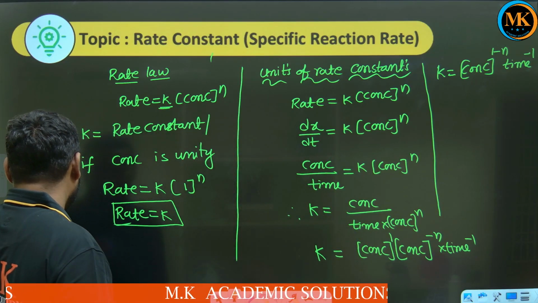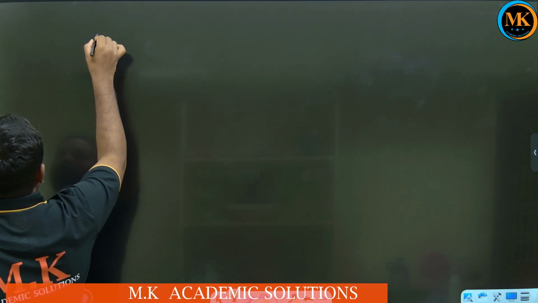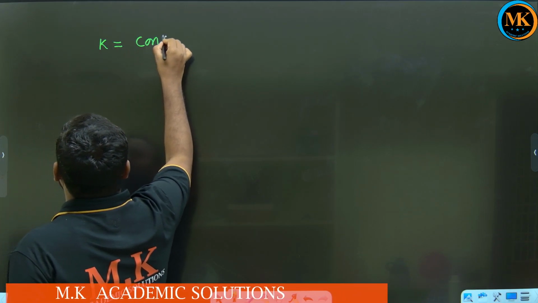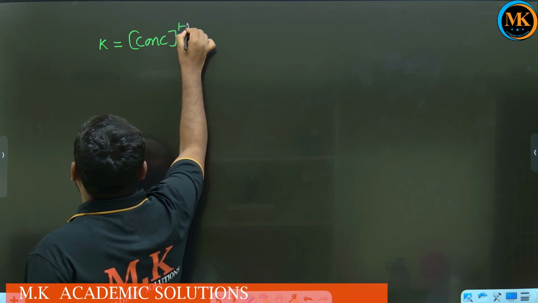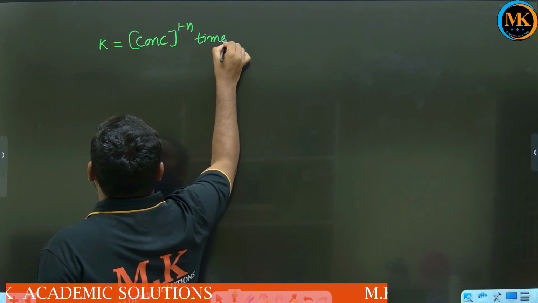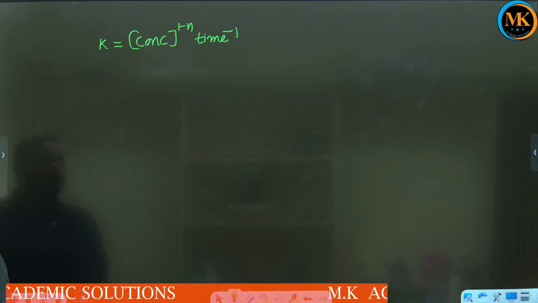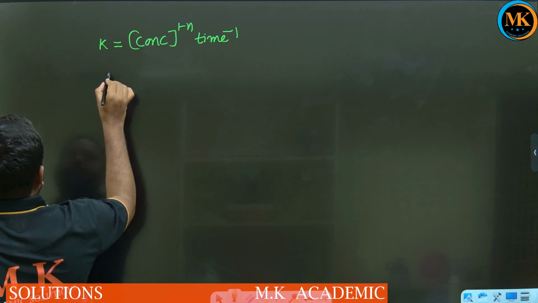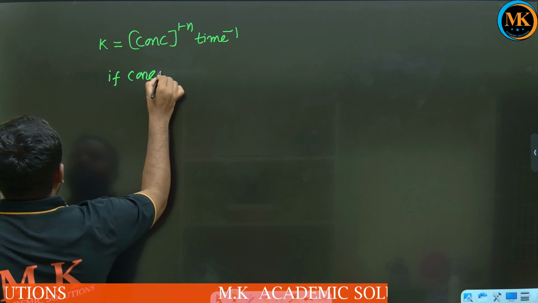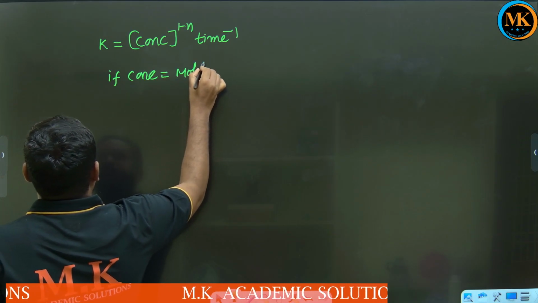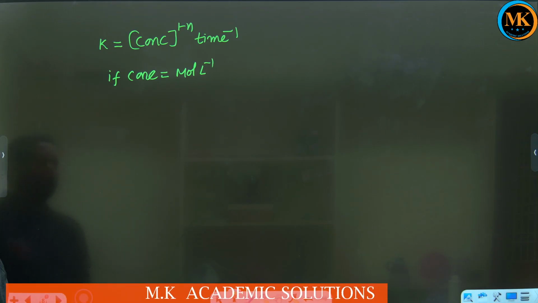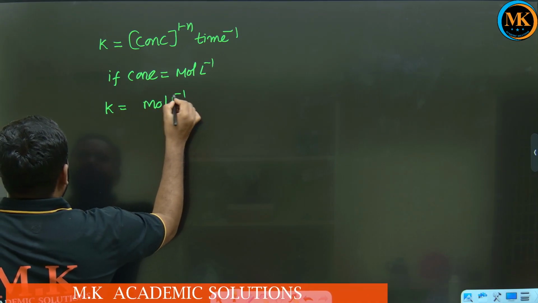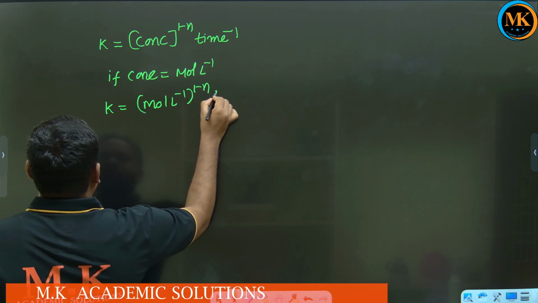For example, we know the units of K, children. Units of K equal concentration to the power 1 minus n, time inverse. If concentration equals moles per liter, meaning molarity, then K equals moles per liter to the power 1 minus n, time inverse.